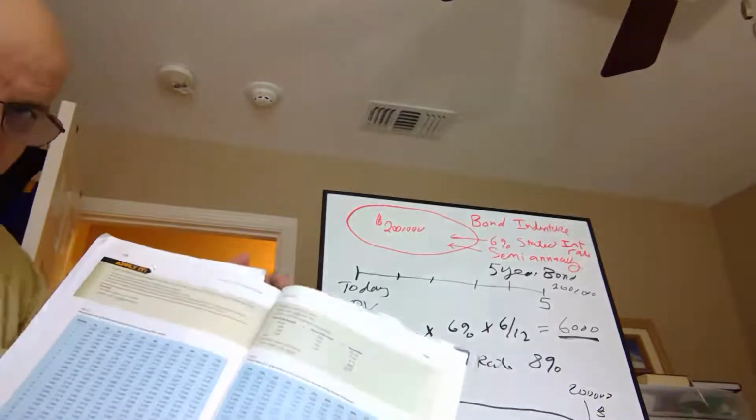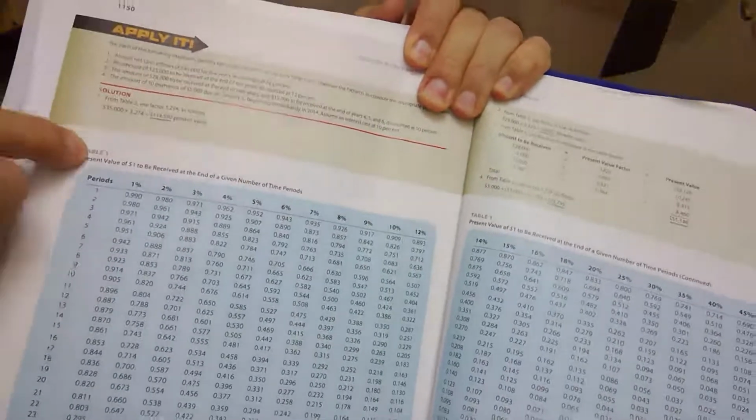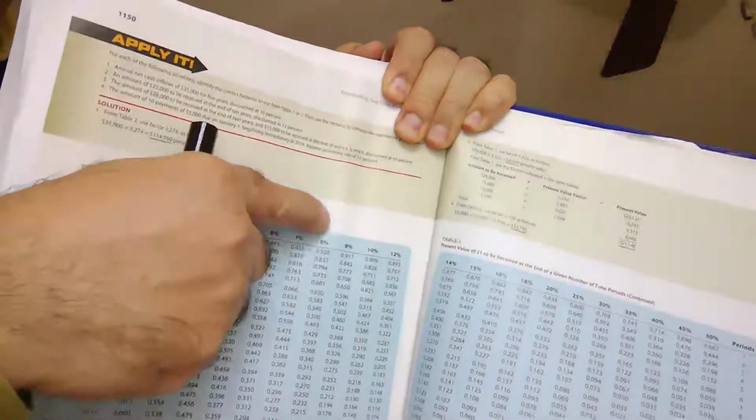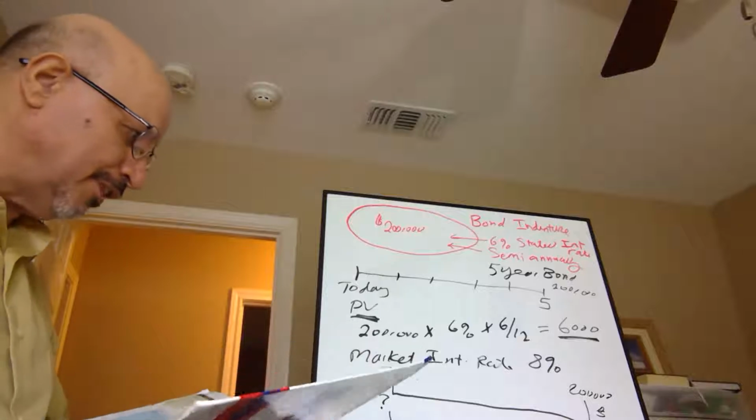Here we go again, let me show you one more time. The first column is the periods, and the horizontal is the market interest rates. Market or effective interest rate.